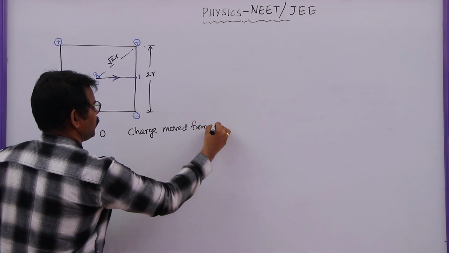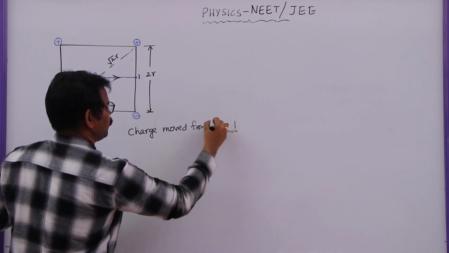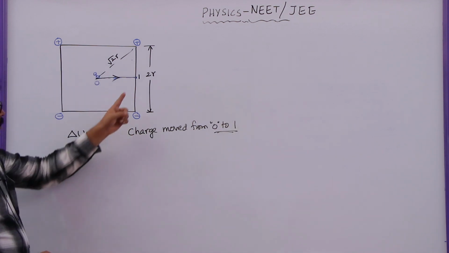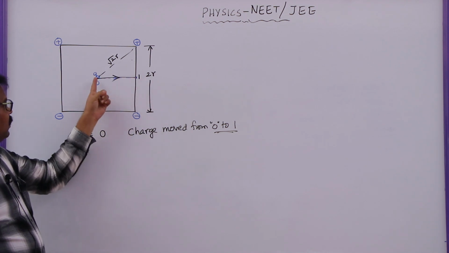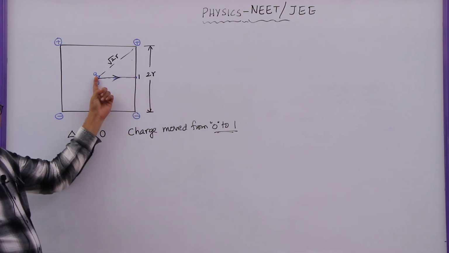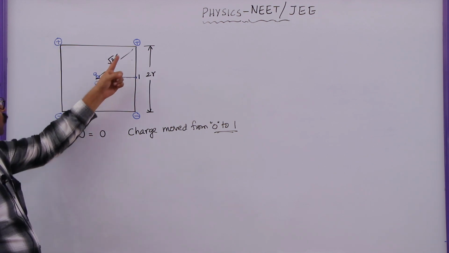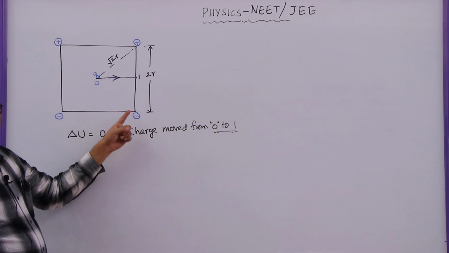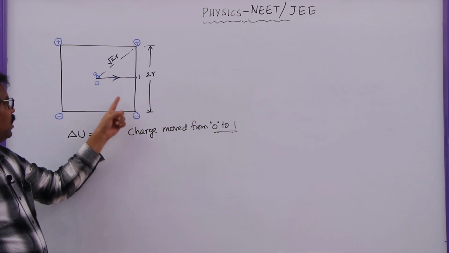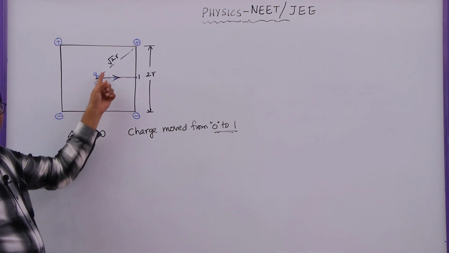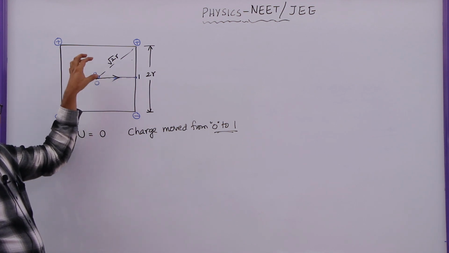Initially the particle has 0 potential energy, because this is q naught by root 2, minus q naught by root 2, minus q naught by root 2, net potential energy here 0.